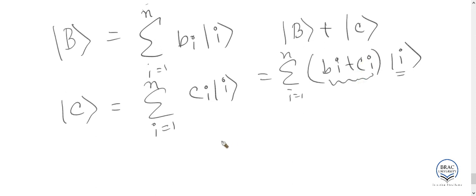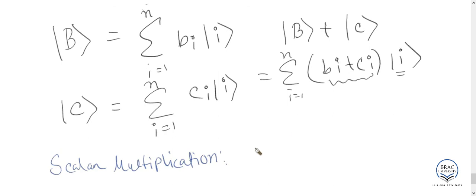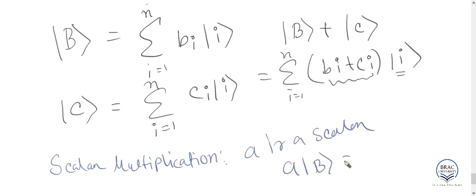Similarly for scalar multiplication, let's say a is a scalar. Then a times b is just the sum over i equals 1 to n of a times b_i times e_i, just like this.